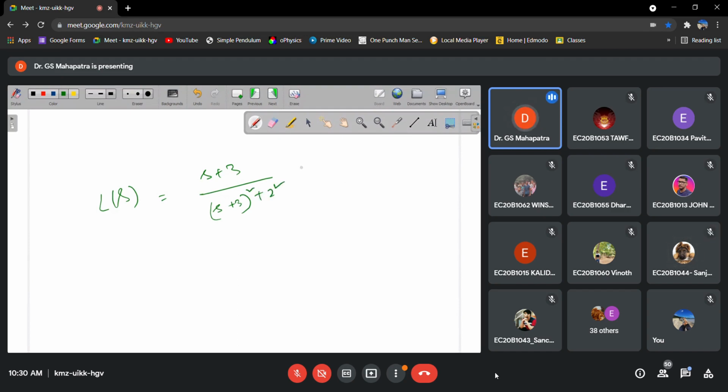Okay. And this one you have actually derived from what? The Laplace transform of cos 2t. Okay, cos 2t. That answer is s by s square plus 4. Correct.